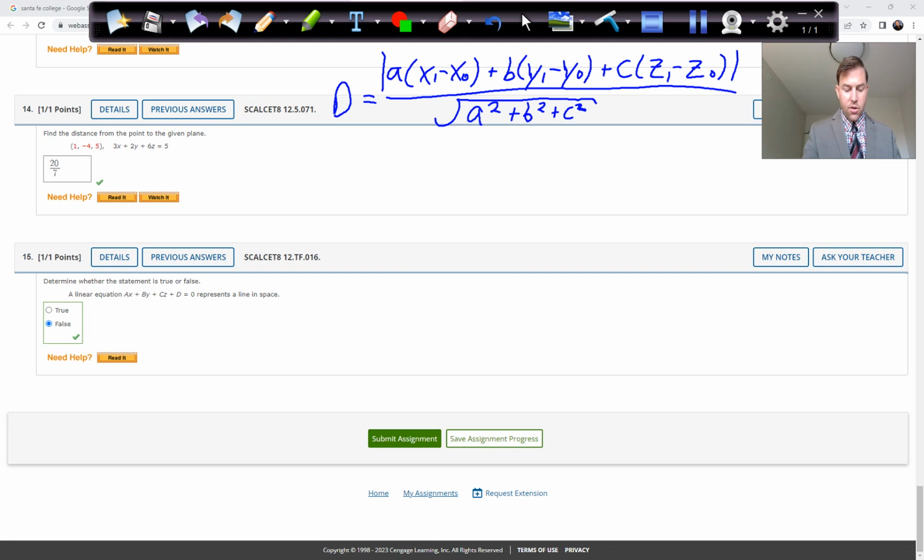Okay, and it turns out that in a plane, these numbers in front of x, y, and z are a, b, and c. So we know a, b, and c are 3, 2, and 6 respectively for this problem. So I've got the a's, b's, and c's.